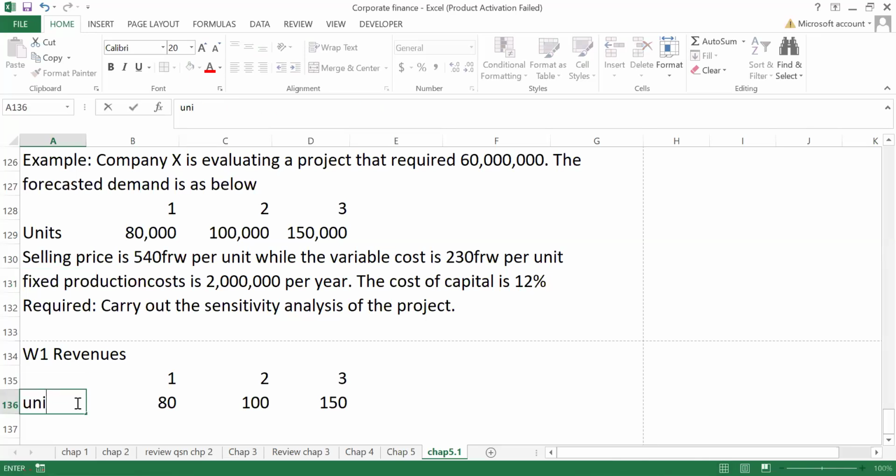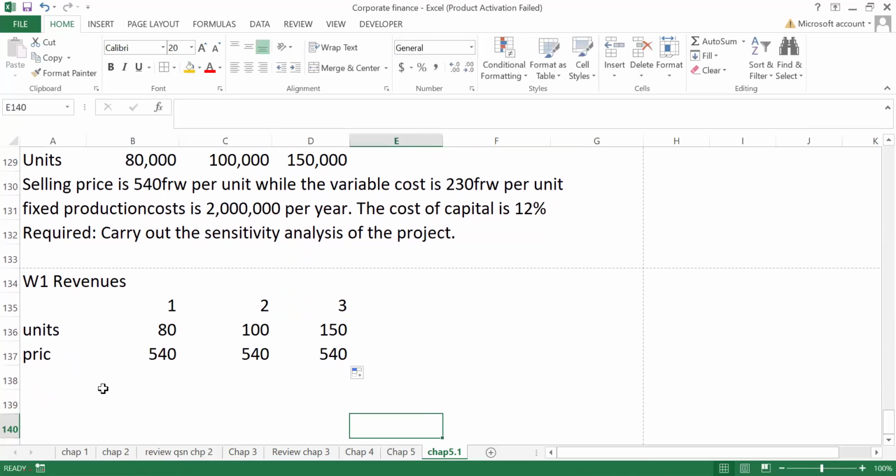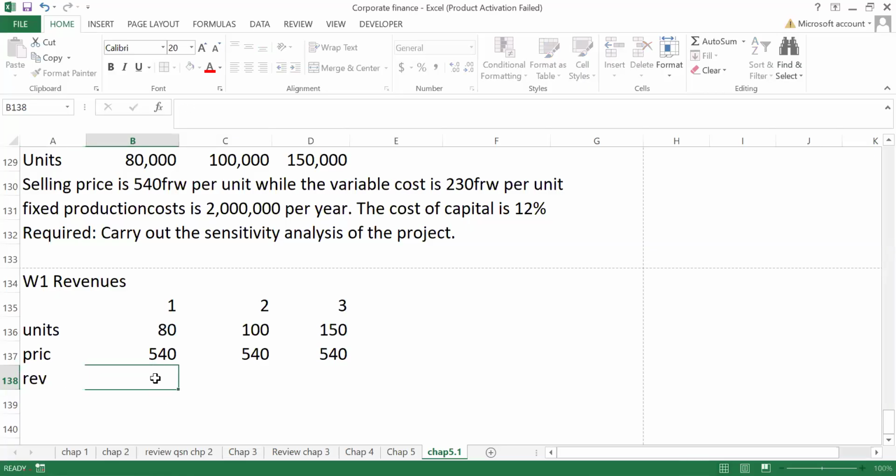These are units. Price is 540. So my revenues will be this times this.